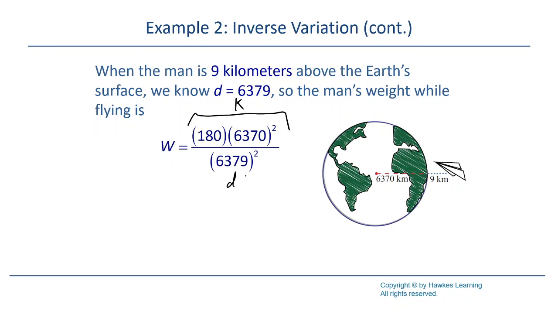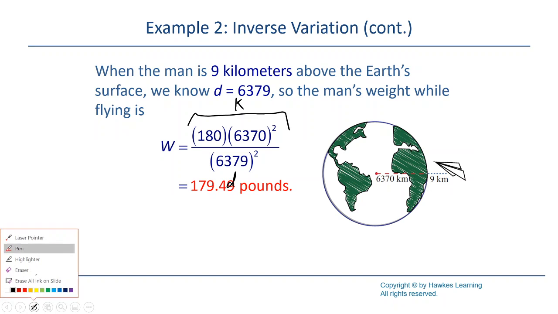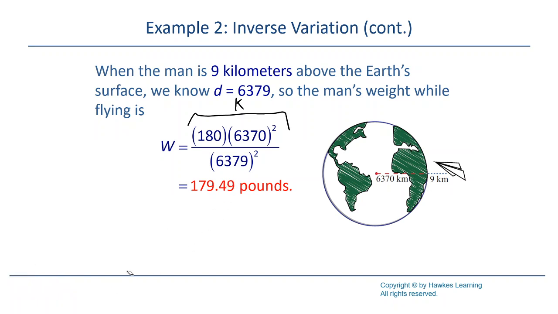This is the distance, which is 6,370 plus 9, because they're 9 kilometers above the Earth. So they're about half a pound lighter, depending. Or they're about half a pound lighter being 9 kilometers above the Earth.